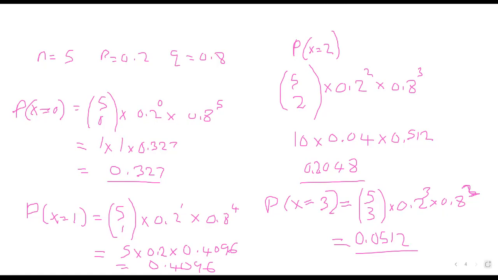at most 2. This means the probability of 0 plus the probability of 1 plus the probability of 2.